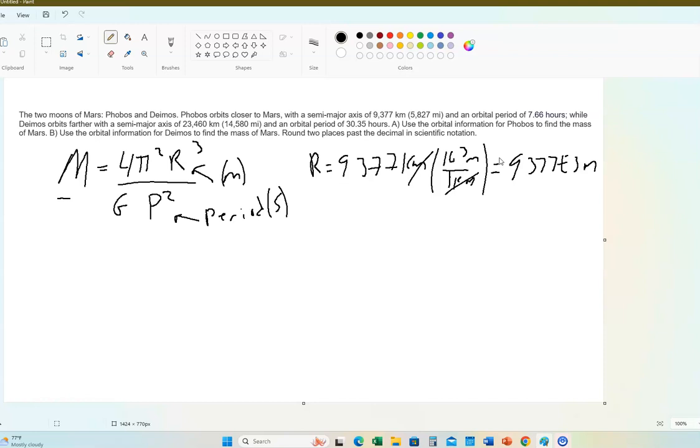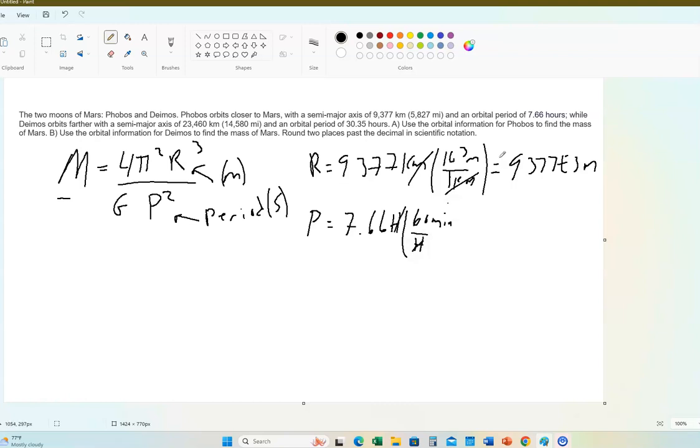Now the period takes a little bit more work here. So the period is 7.66 hours. And of course, in 1 hour, there's 60 minutes. I use MIN for minutes because it distinguishes it from meter. 60 minutes is 1 hour.